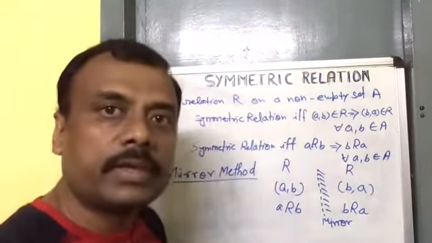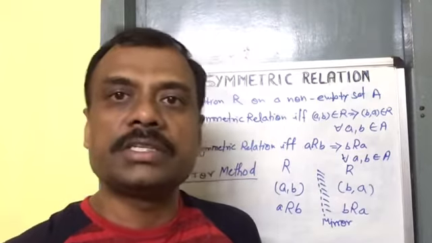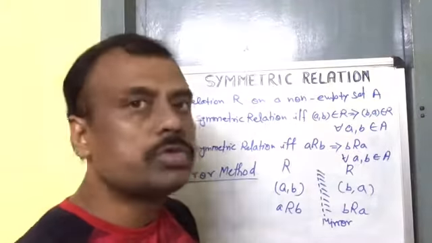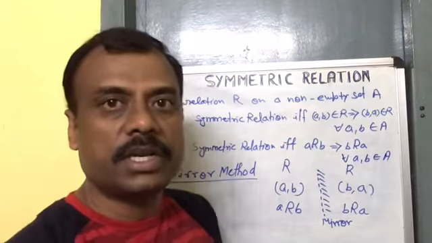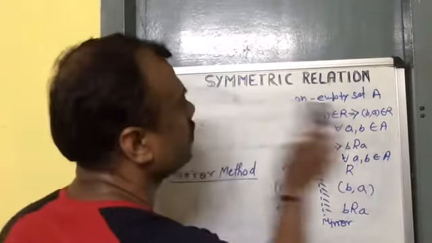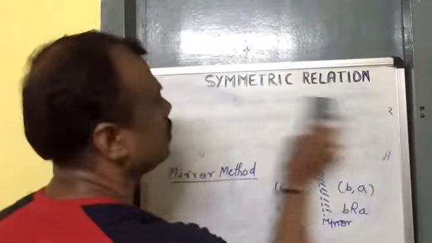Another way to prove whether a given relation is symmetric or not is to use the concept of the inverse relation. Before that, let us have a definition of the inverse relation.